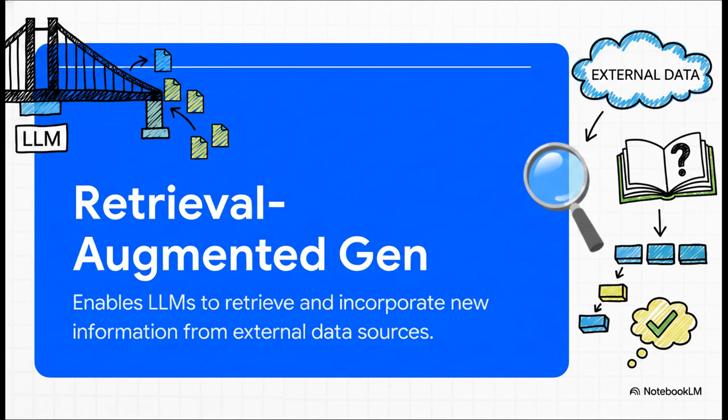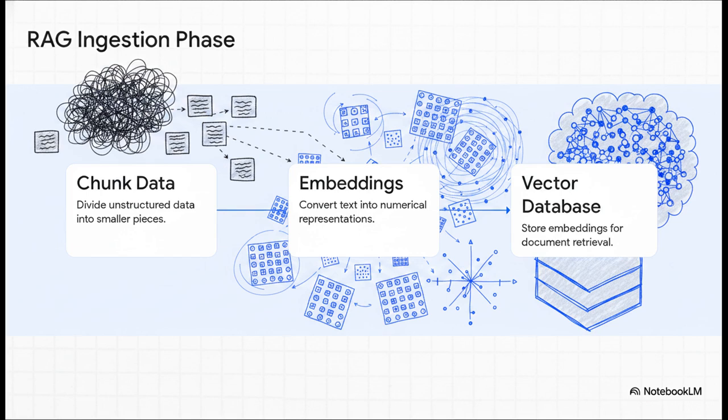Let's break down exactly how this pipeline works, starting with how we actually get the data ready. Okay, let's slow down for a second and look at the ingestion phase. This is step one. You can't just take 1,000 PDFs and dump them into an LLM. It doesn't work that way. First, you have to chunk the unstructured data. This just means breaking long, unwieldy documents down into smaller, logical pieces, like paragraphs or specific sections.